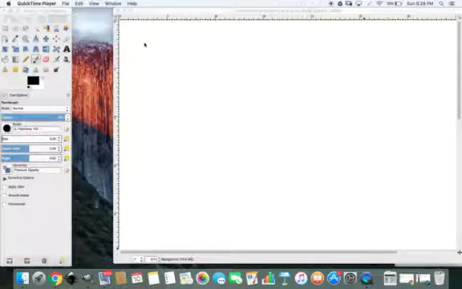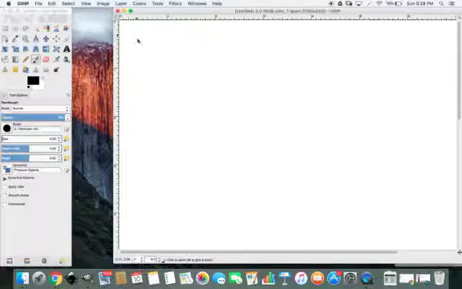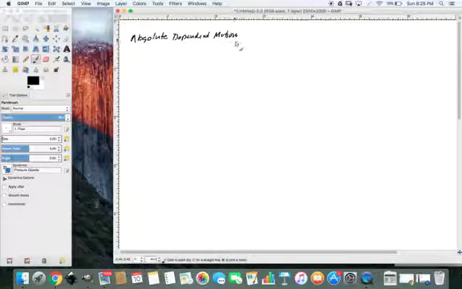So the couple of special topics that we dealt with in Chapter 12 were, first of all, absolute dependent motion of two particles.